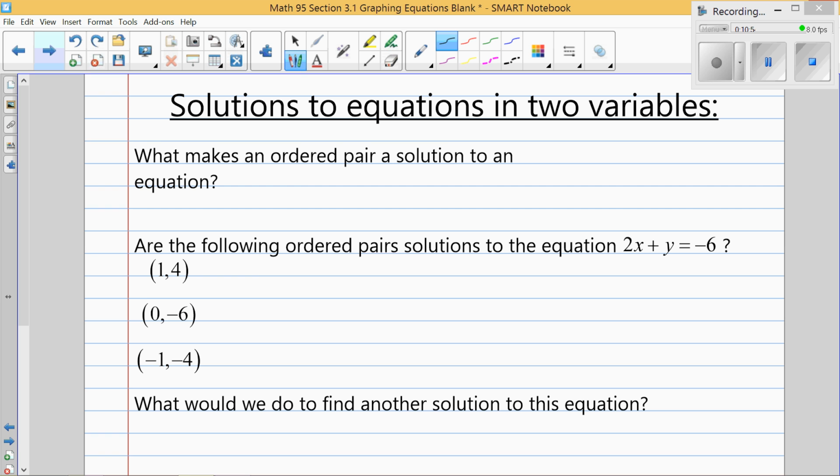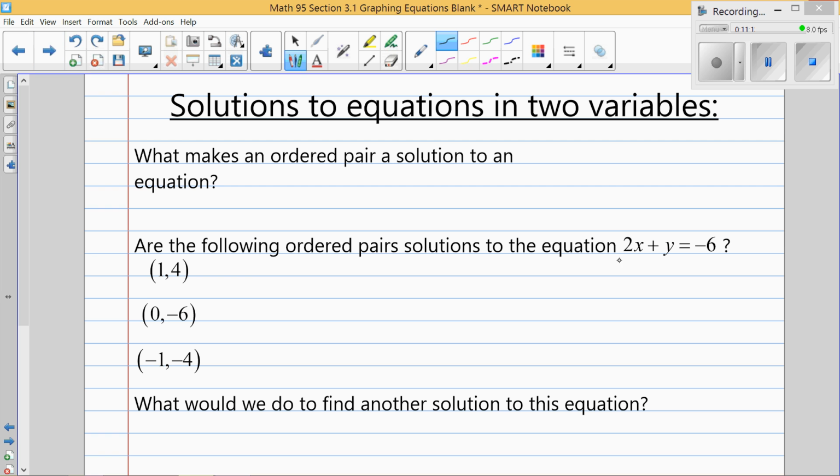So now that we know how to graph things on a coordinate system, I want to talk about solutions to equations in two variables. The first question we want to talk about is what would make an ordered pair the solution to an equation?